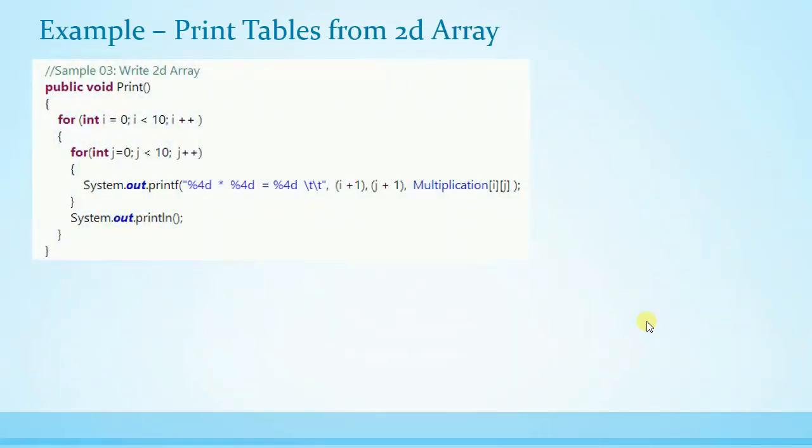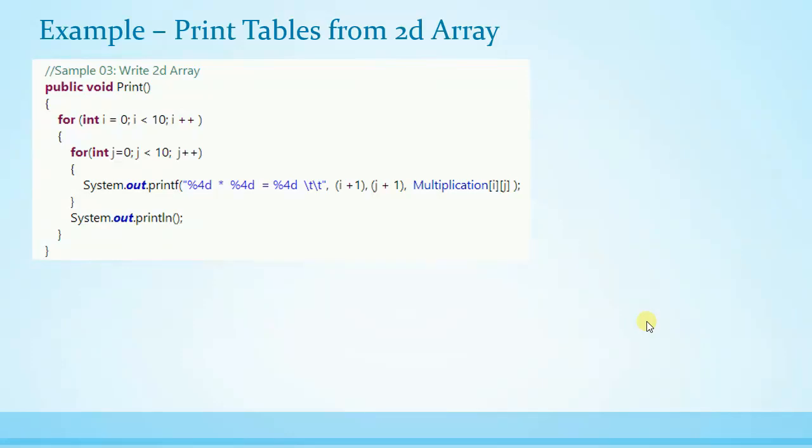Next we are printing the multiplication table in the console output window. The catch here is we are reading the data from the two-dimensional array. So here, in System.out.printf, printf is the formatted output statement.